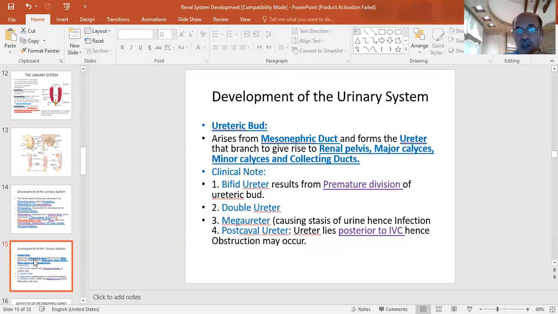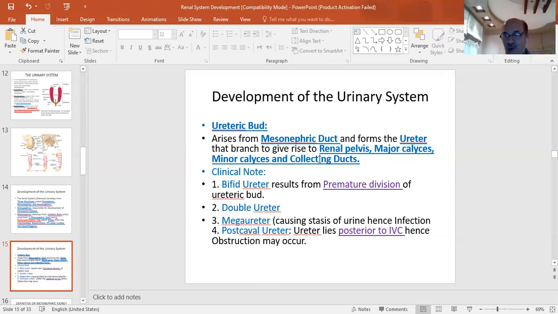The very first indication of the development of the renal system is the development of the ureteric bud. This arises from the mesonephric duct and forms the ureter and then the renal pelvis, major calyces, minor calyces and collecting duct.